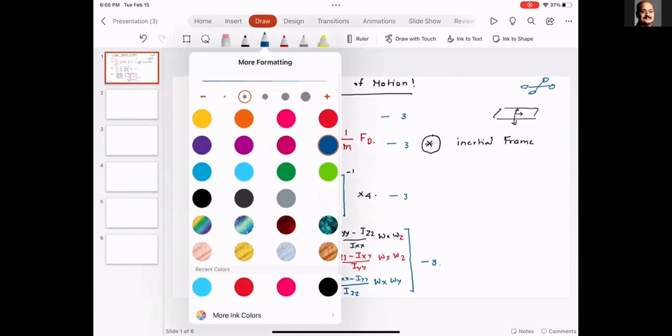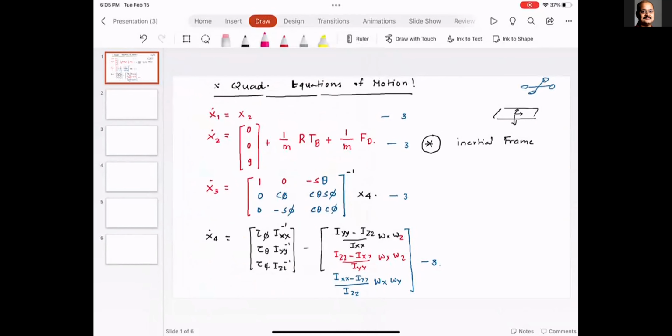And the quadcopter has its own frame, which is north, east, down. This frame is the inertial frame, and this frame is the body or aircraft body fixed frame. So Earth centered, Earth fixed coordinate frame, and this is the aircraft body coordinate frame.